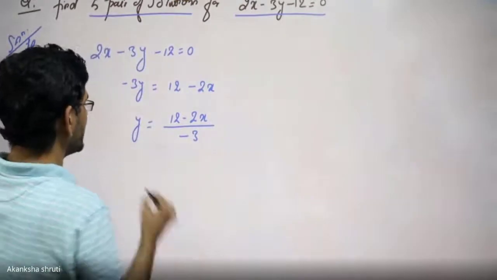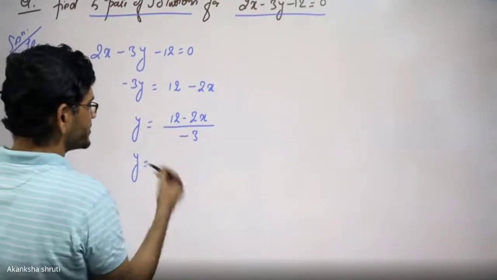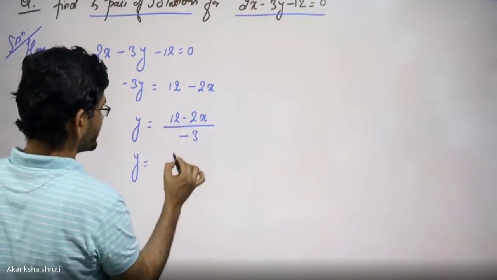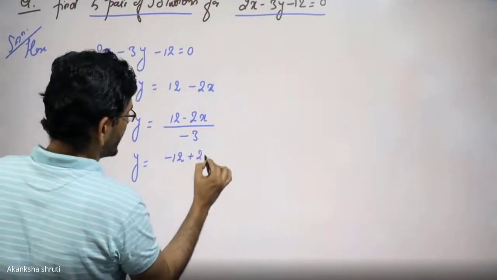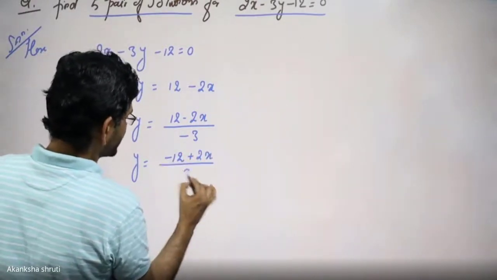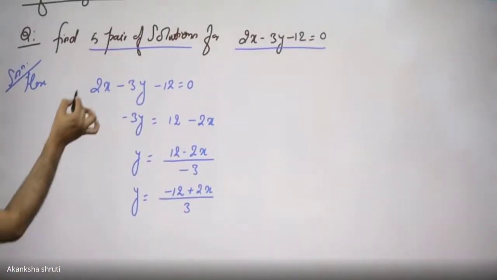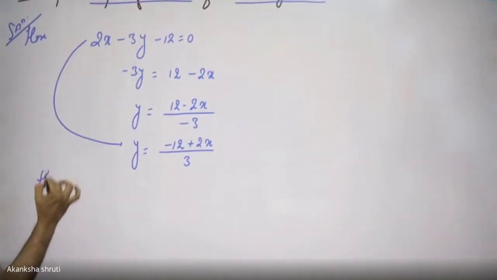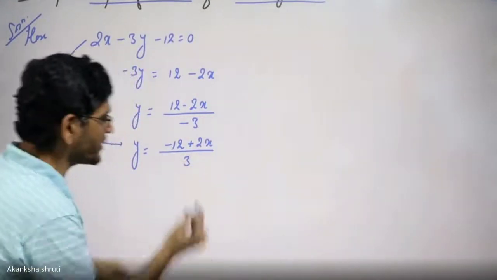A better way of calculation is to absorb the minus in the denominator into the numerator. It becomes minus of 12 plus of 2x, because only the sign will get changed by the 3. So students, what we have done is the given equation is rearranged for y. Then you have to choose or assume one of the variables.